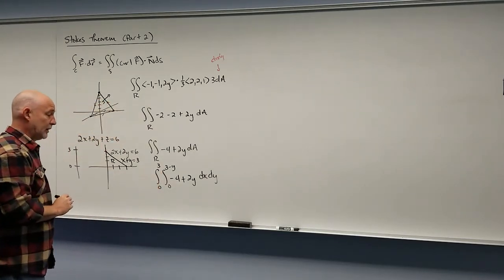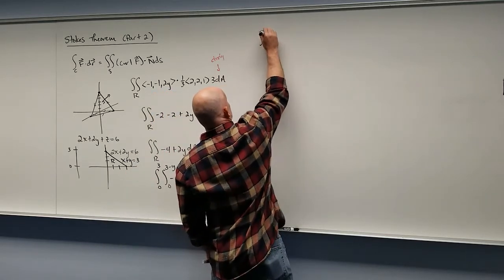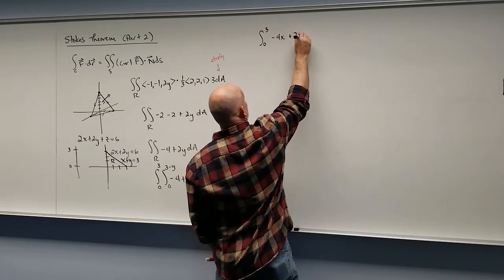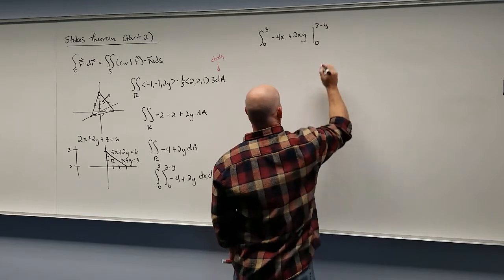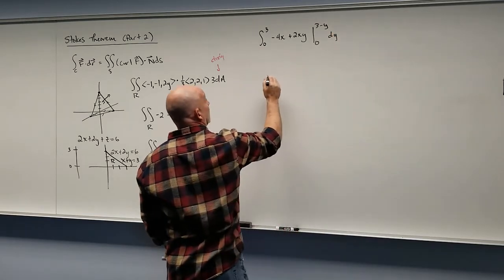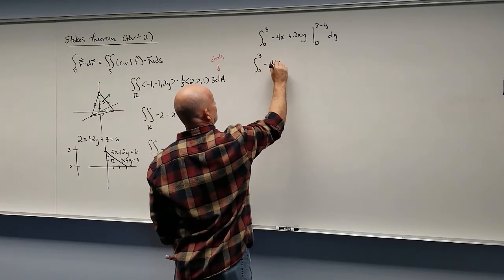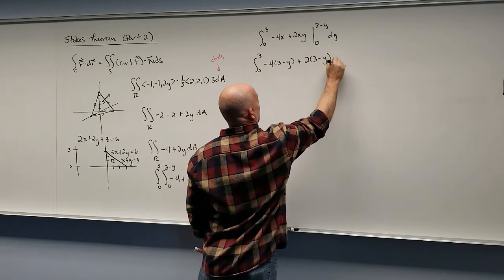All right, so let's see if we can make our way through this. We integrate with respect to x, 0 to 3 minus y. That gives me -4x plus 2xy, evaluated from 0 to 3 minus y. Still need to integrate with respect to y. Top endpoint minus bottom endpoint, so that gives me -4 times (3 minus y) plus 2 times (3 minus y) times y.